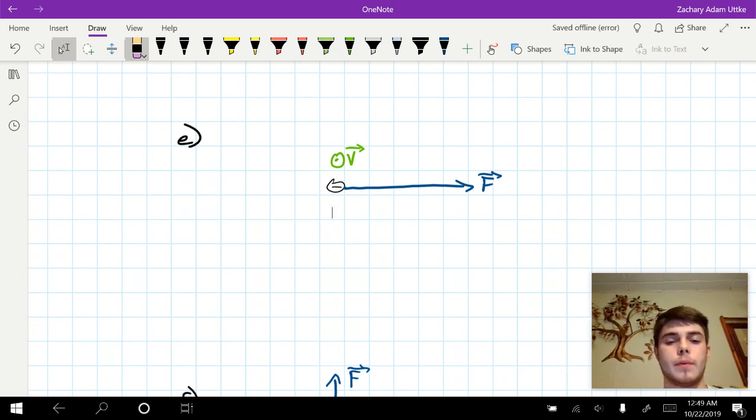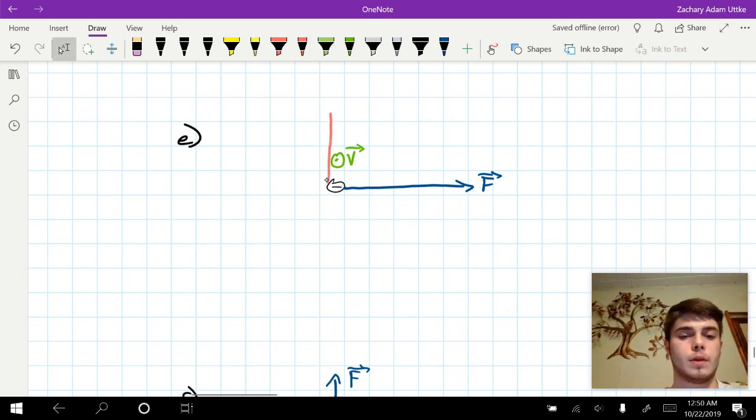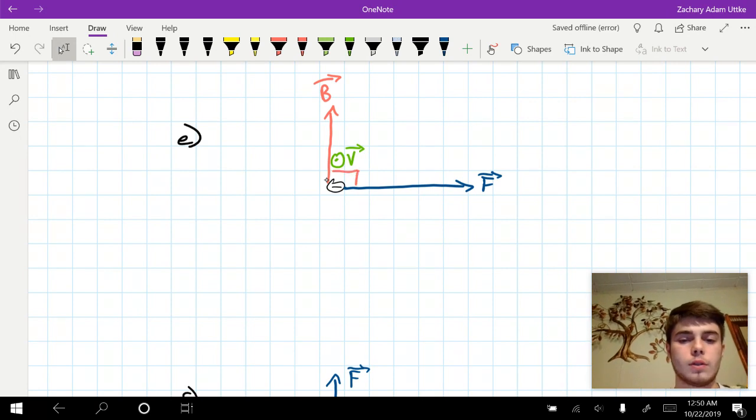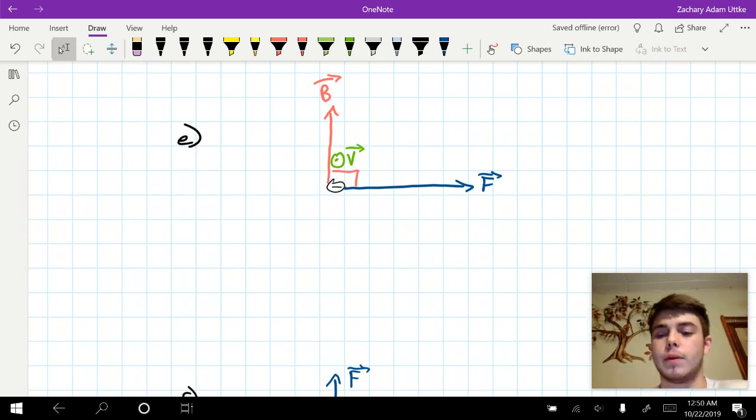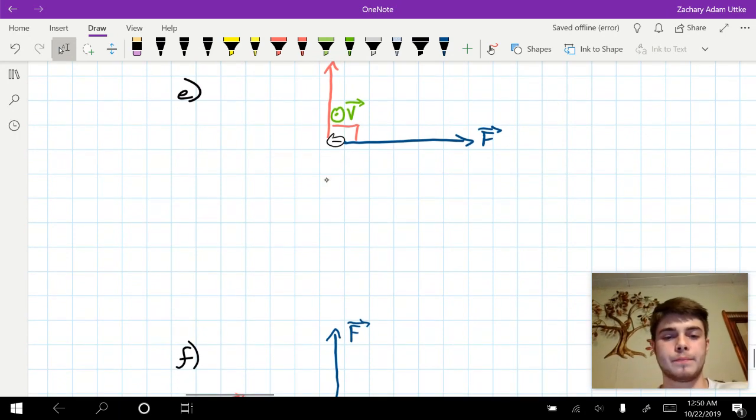So if we take our thumb and point it towards us out of the page, and we have the back of our palm facing the force, our fingers will then direct us in the direction of the magnetic field, like that. So this one's particularly tricky because we have a negatively charged particle and we're given force.